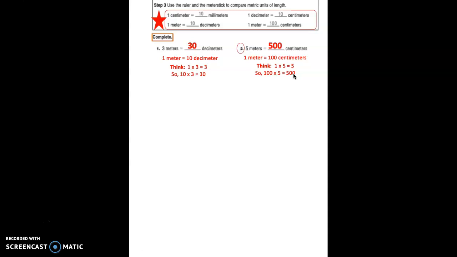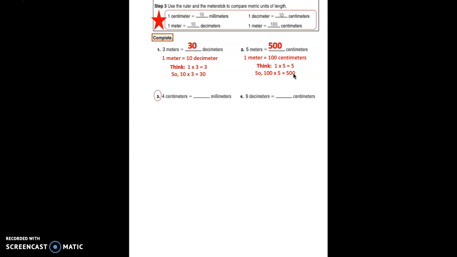Let's continue. Number 3. 4 centimeters equals blank millimeters. I'm going to use my conversion: 1 centimeter equals 10 millimeters, also found up here. So I need to think, how did I get from 1 centimeter to 4 centimeters?